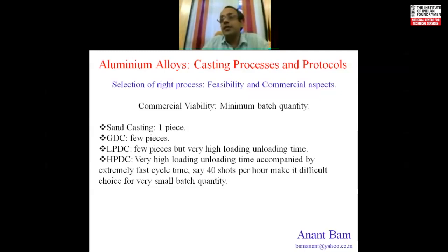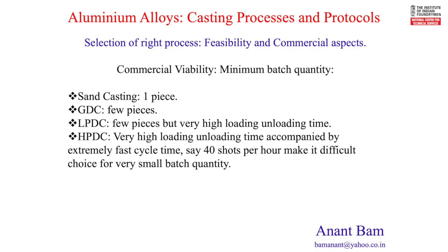That doesn't mean that you are compelled to or restricted to that quantity. If the party is ready to pay for your downtime, then you can quote for it. If the component is feasible only through high pressure die casting, then you should be able to load your one full shift for that single piece which you produce at the end of it. And if the party is agreeable to it, then that's the way out.